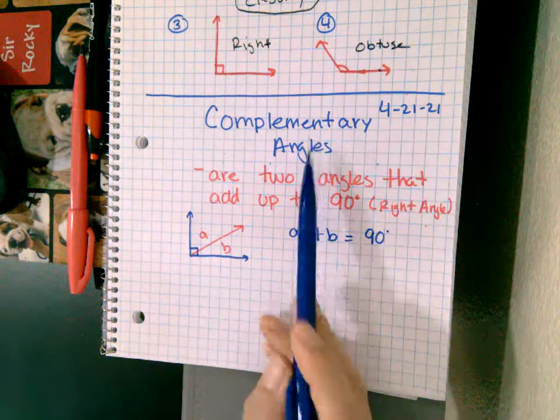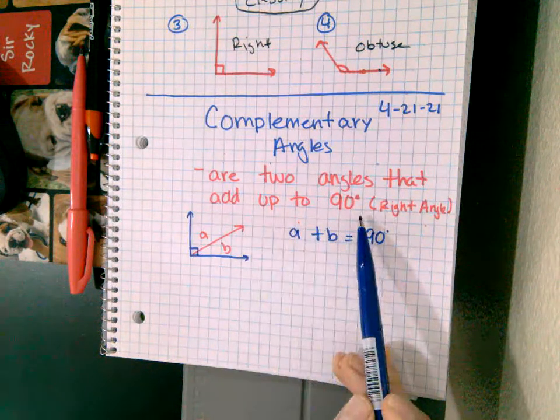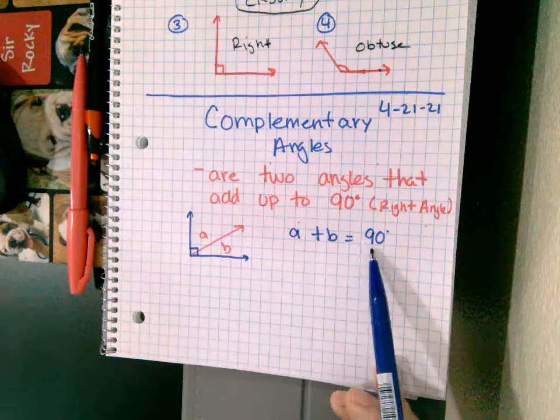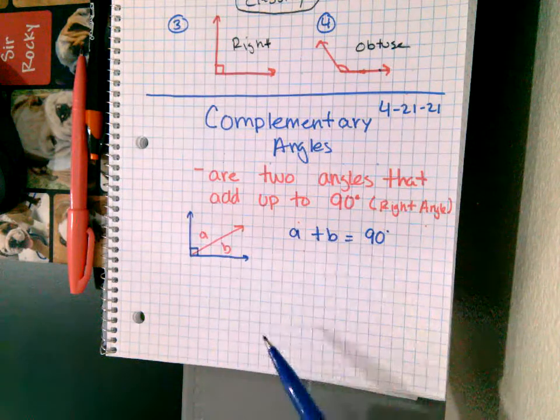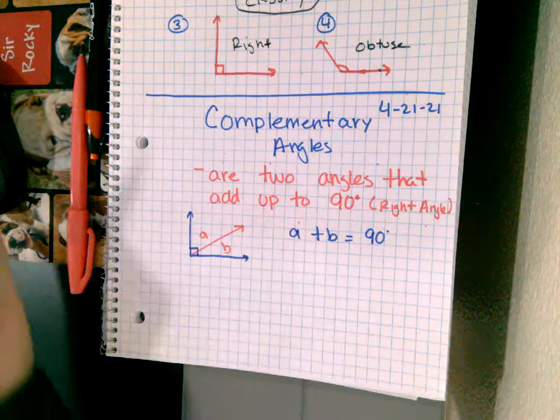So that's what complementary angles mean. It's when two angles add up to 90 degrees. So when you have two angles that equal 90 degrees, those are called complementary angles.